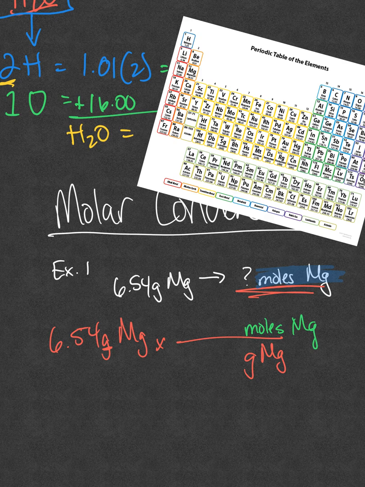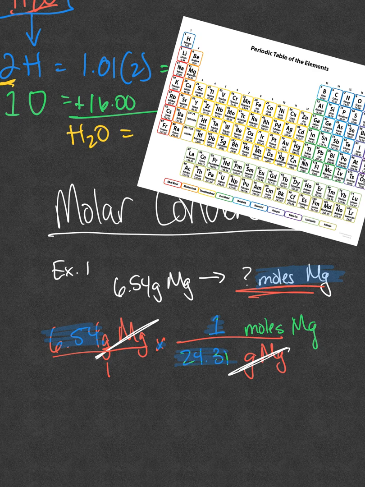And then we just plug in the numbers according to the conversion. So we know that for every 1 mole of magnesium, the molar mass is 24.31. By doing this, we could easily cross out grams of magnesium because they're on opposite sides of our fraction. If you consider 6.54 to be a fraction, it's simply over 1. So all you simply have to do is multiply 6.54 times 1 divided by 24.31.